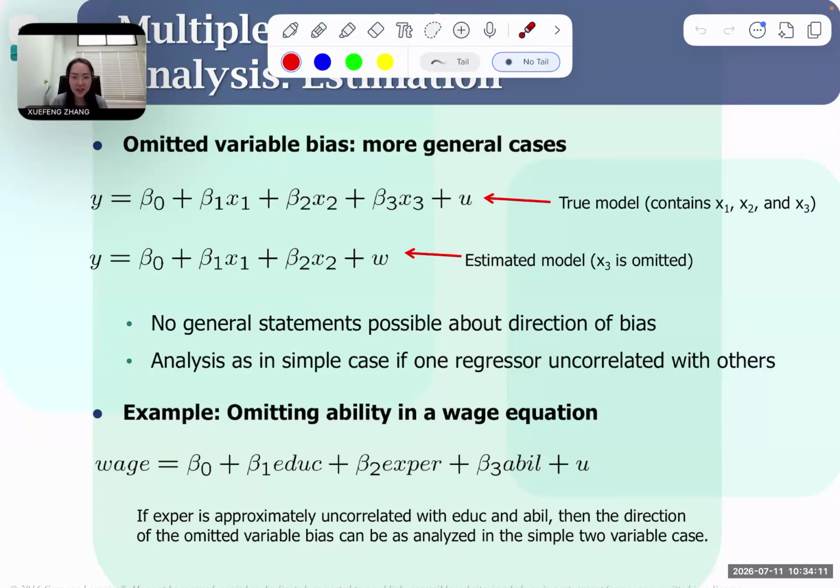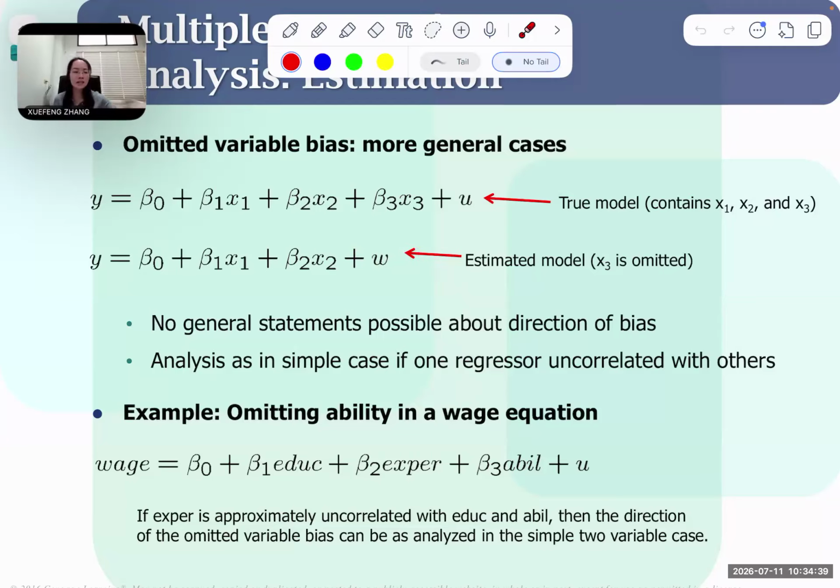The bad news is with more than one included x, we generally can't say which direction the bias goes. We don't know the sign, we don't know the direction. It's not a simple plus or minus rule anymore because x3 can be correlated with x1 and x2 at the same time in complicated ways.